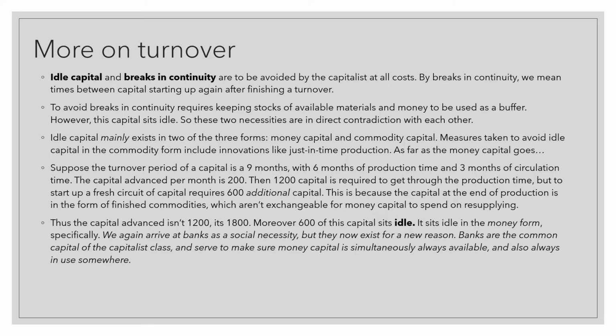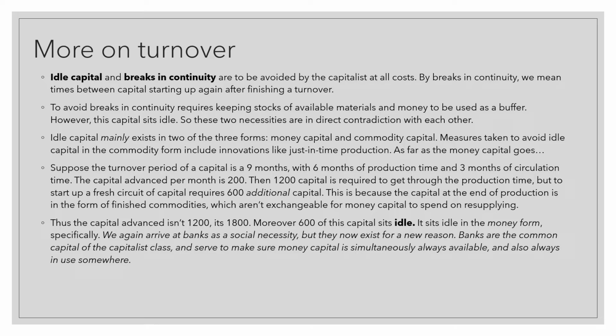What we get is innovations such as what I mentioned before, and I decided to delay, just-in-time production. Just-in-time production was an organizational invention created to avoid any kind of hoarding of commodity capital. People didn't want their commodity capital sitting there, so they came up with organizational systems based on computing technology and so forth to make sure that nothing was ever sitting anywhere.